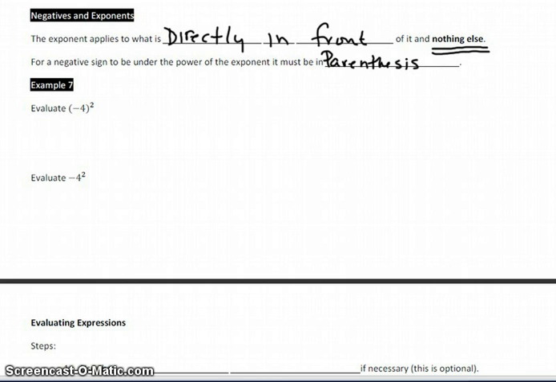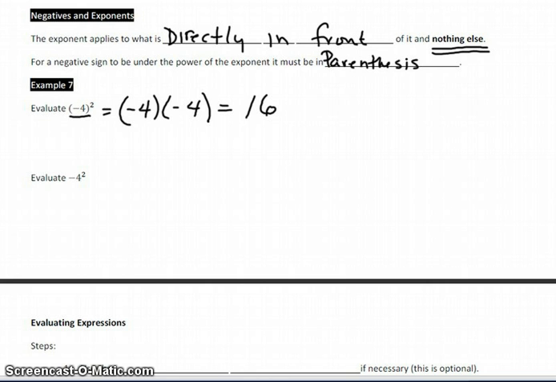Looking at our two examples here under example 7, I have negative 4 in parentheses squared, and that 2 is applying to everything in the parentheses. So this is saying negative 4 times negative 4, and a negative times a negative is going to give me a positive 16.